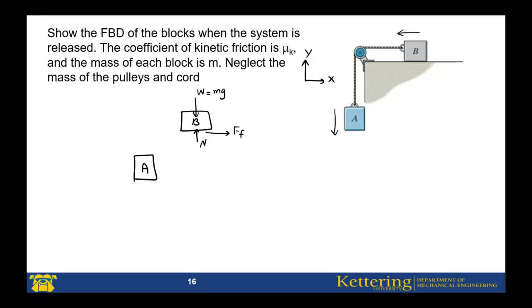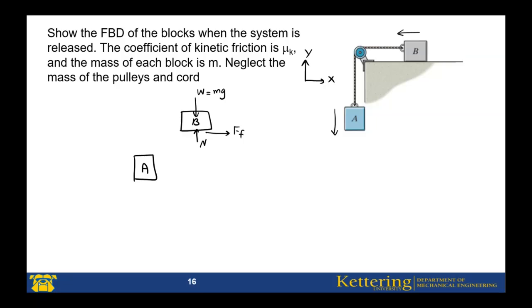Now, can somebody tell me how I can find the frictional force? What type of equation can I use to find the frictional force? Mu k multiplied by, what equation can be used for the frictional force?